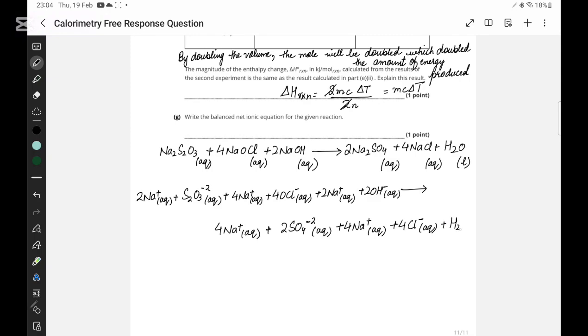We are going to write it like this because it is in liquid form and it will not break.